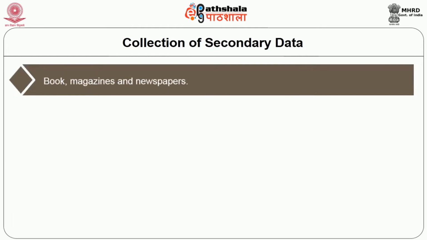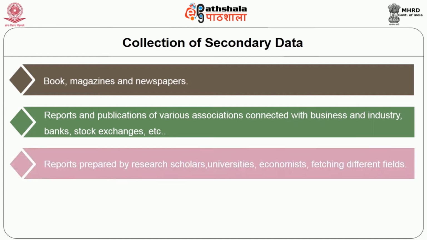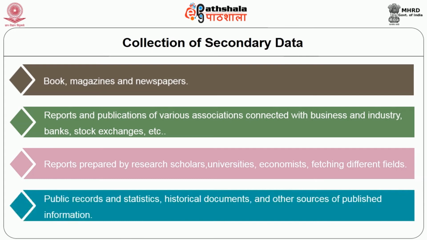E. Reports and publications of various associations connected with business and industry, banks, stock exchanges, etc. F. Reports prepared by research scholars, universities, economists in different fields. G. Public records and statistics, historical documents and other sources of published information.